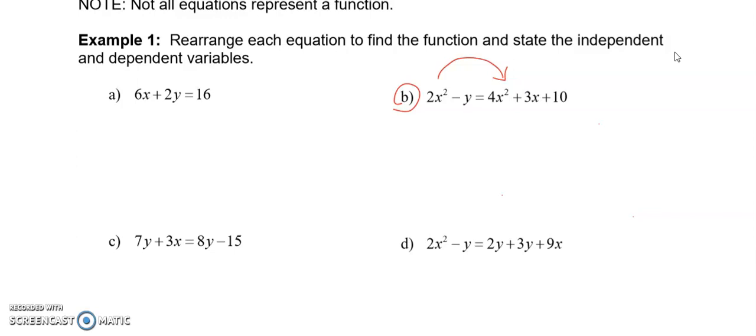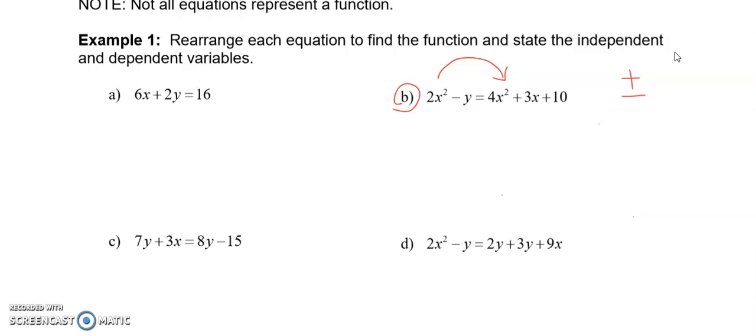It is possible to get the x by itself, but if you do so, you'd have to use a technique called completing the square. You may be familiar with that from your Math 1700. But if you did that, somewhere on the right-hand side, you'd end up with a plus or minus, all right? And that would certainly indicate that it is not a function. Getting the x by itself here would just leave you with a mess.